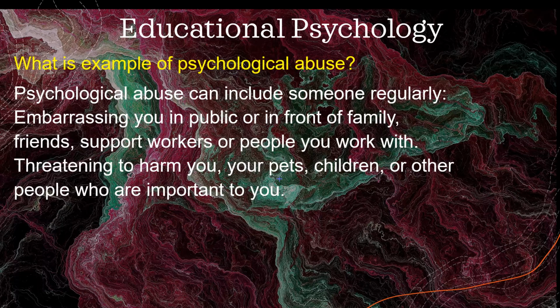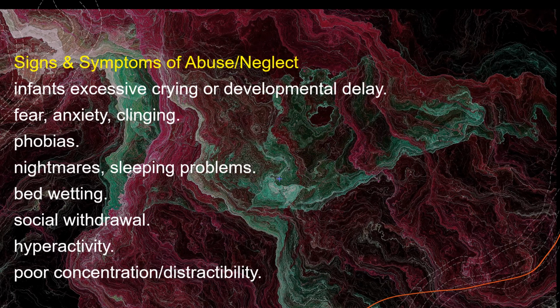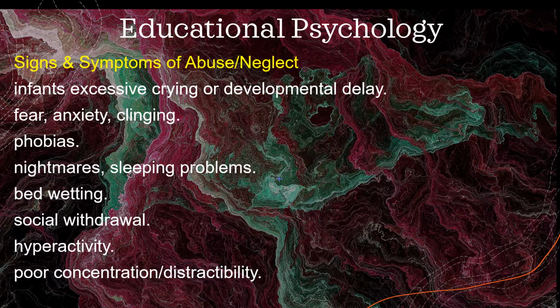Pwede raw po pala sa harap ng ating kaibigan, family, pag hinihiya na po tayo, ay talaga pong consider na po siya bilang psychological abuse. Next, what are the signs and symptoms of abuse or neglect?